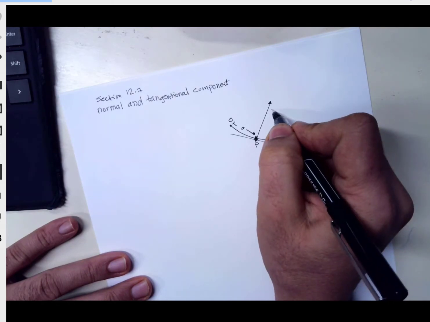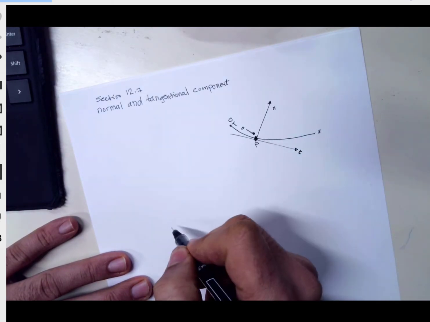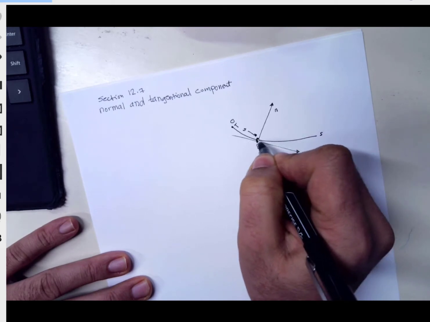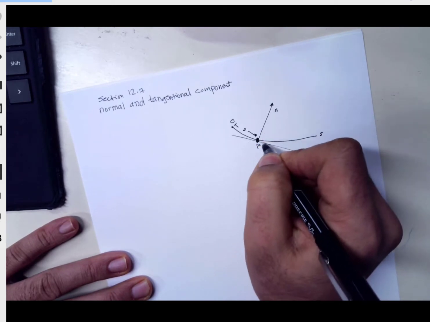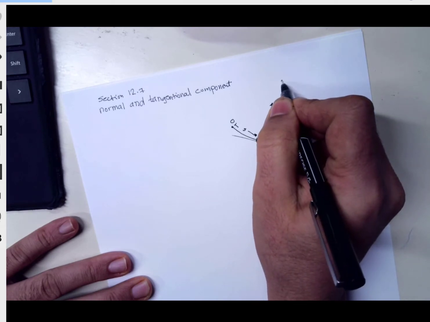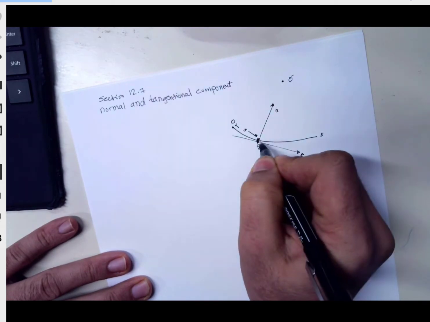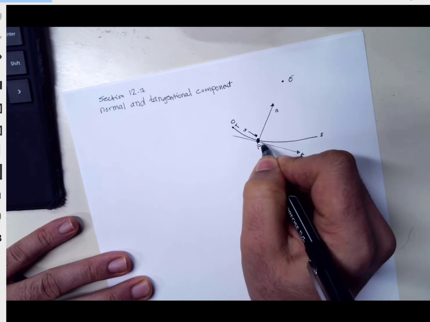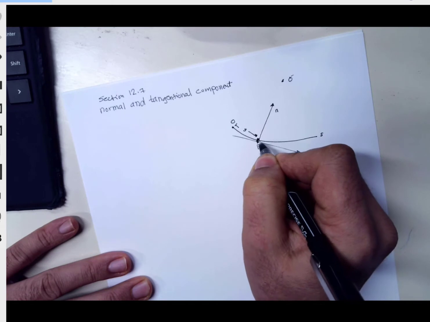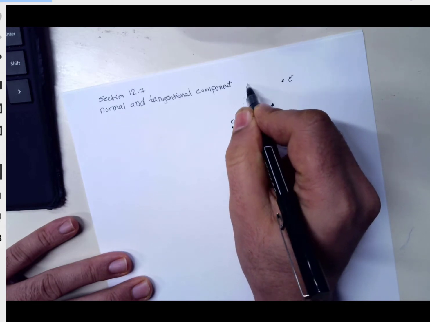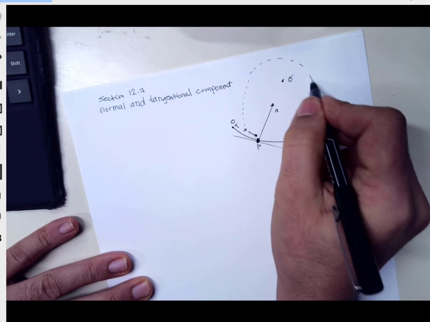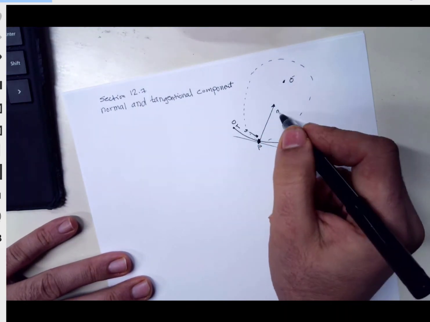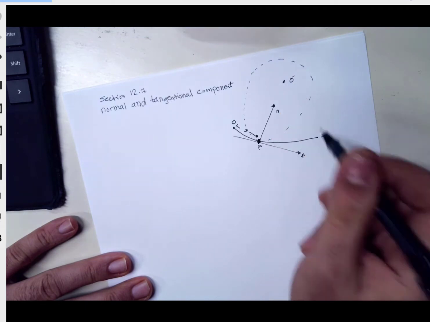And the second one is normal, pointing to the concave side, or to the center of that concave curve, which we define as, if you assume this is a complete circle, the center of that circle, and n is passing through that center.